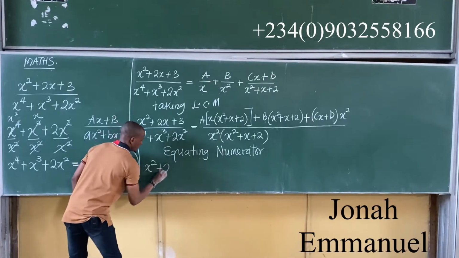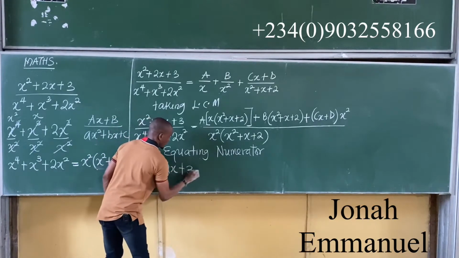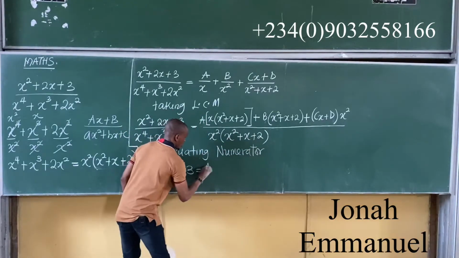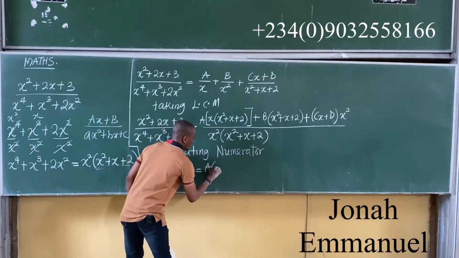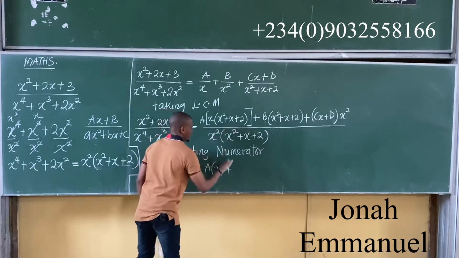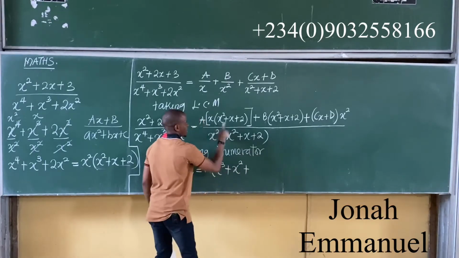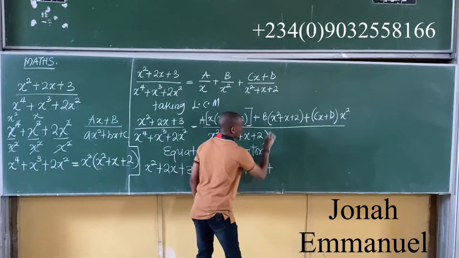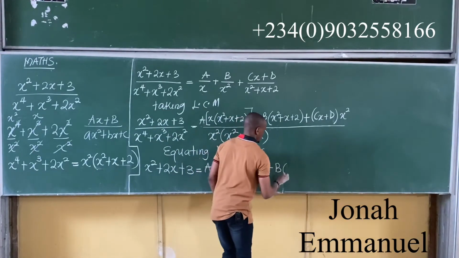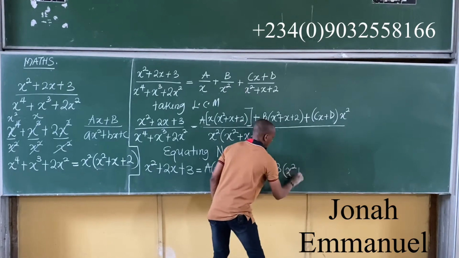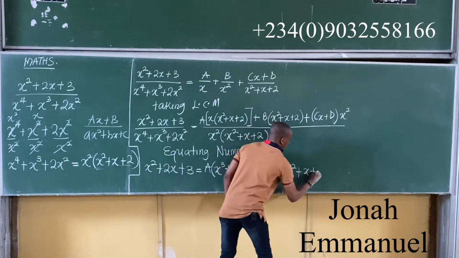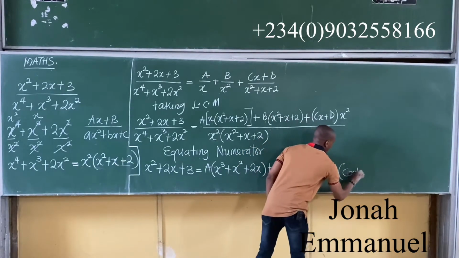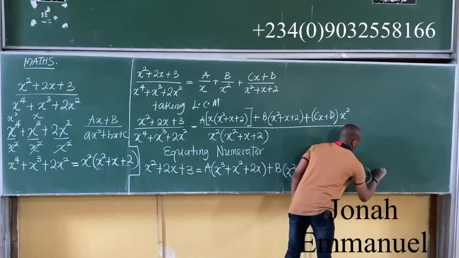x squared plus 2x plus 3 is equal to a into, expand this, that gives you x cubed plus x squared plus x times 2x, plus b into x squared plus x plus 2, plus, in bracket, cx plus d into x squared.